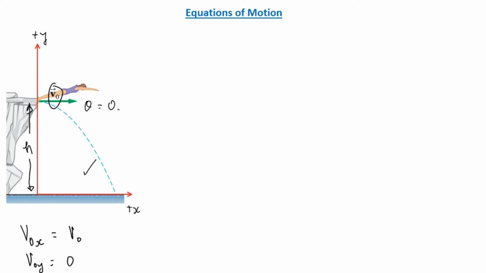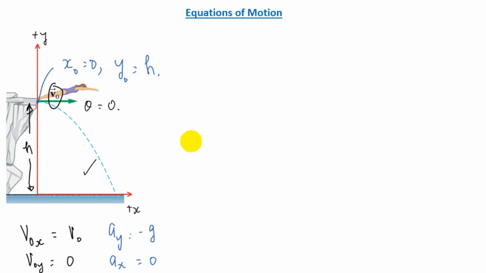Now the only acceleration is acceleration due to gravity, which is in the downward direction. So ay will be minus g, and there is no acceleration in the horizontal, so ax is 0. Now this is the initial position of the projectile. At this position x0 is 0 and y0 is equal to h.